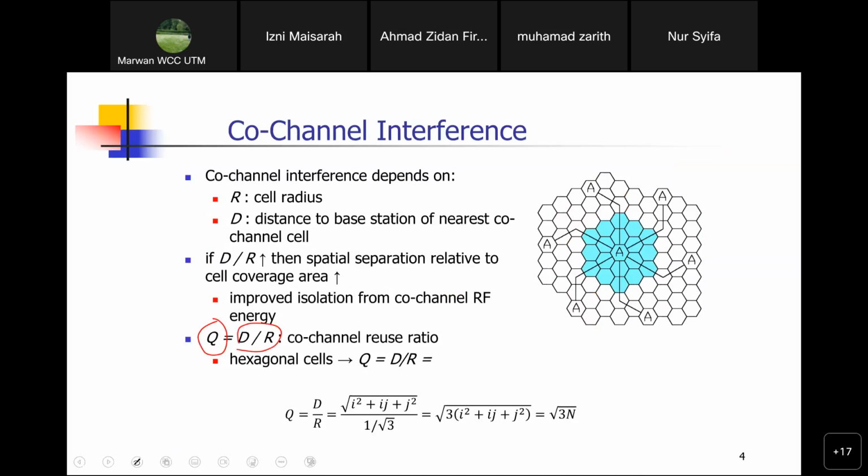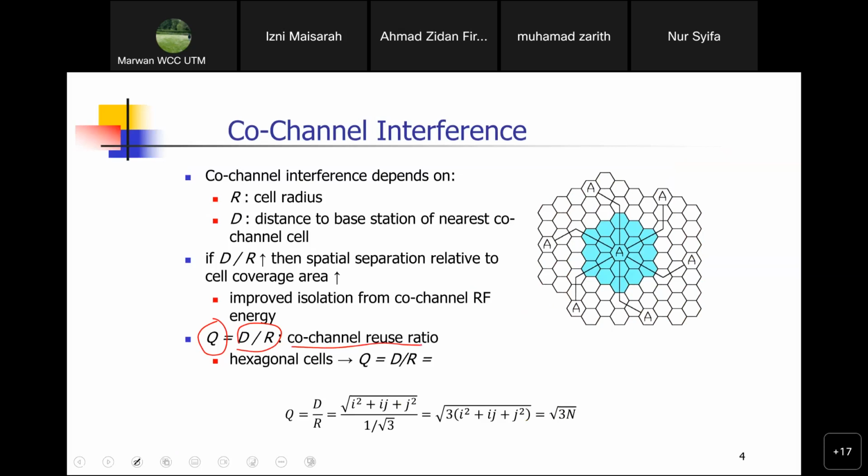You remember D. If your D is bigger, what does it mean? It means that your co-channel cell is far away from your cell. That means that the interference is less. So the way we compute co-channel interference is by using Q, D over R. It is also called the co-channel reuse ratio.